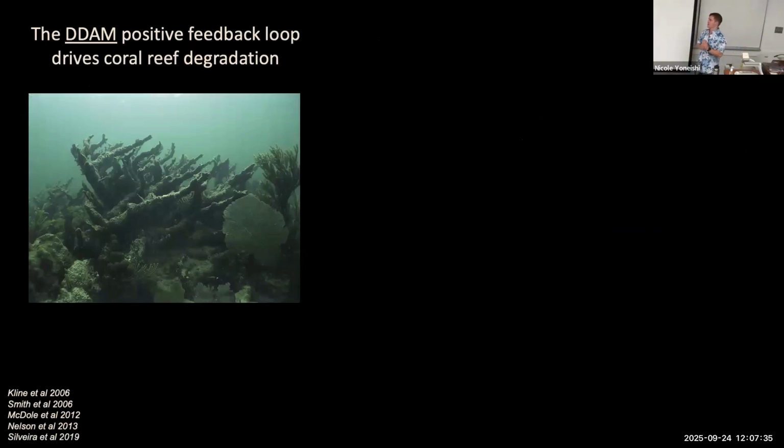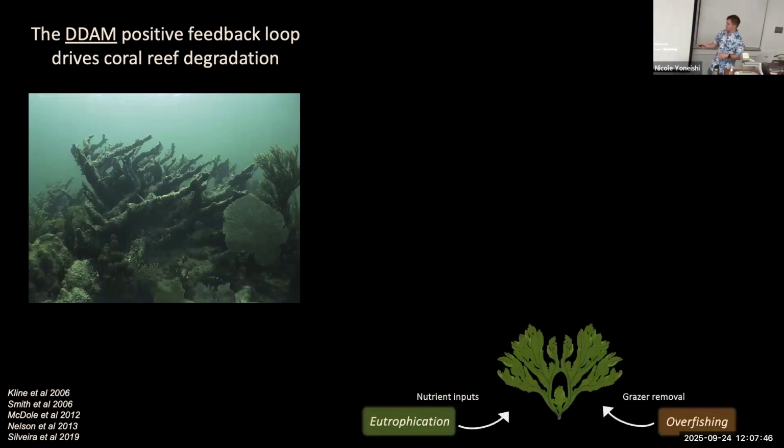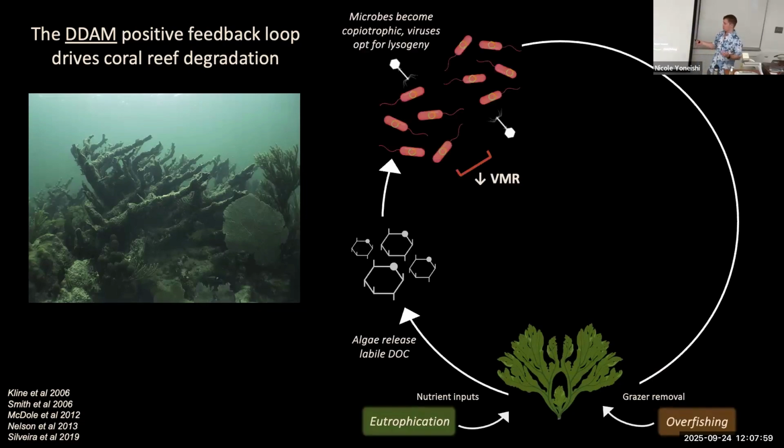Our lab has studied this positive feedback loop of coral reef degradation that we call DDAM for a couple decades now. DDAM stands for dissolved organic carbon, disease, algae, and microbes, which we'll go through right now. And really where this starts is when human impacts like nutrient inputs and eutrophication and overfishing, such as the removal of herbivores, give a competitive advantage to algae on the seafloor over corals.